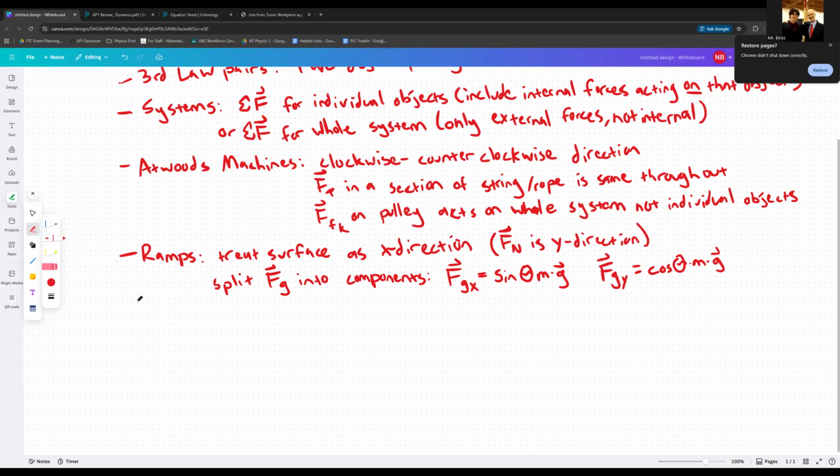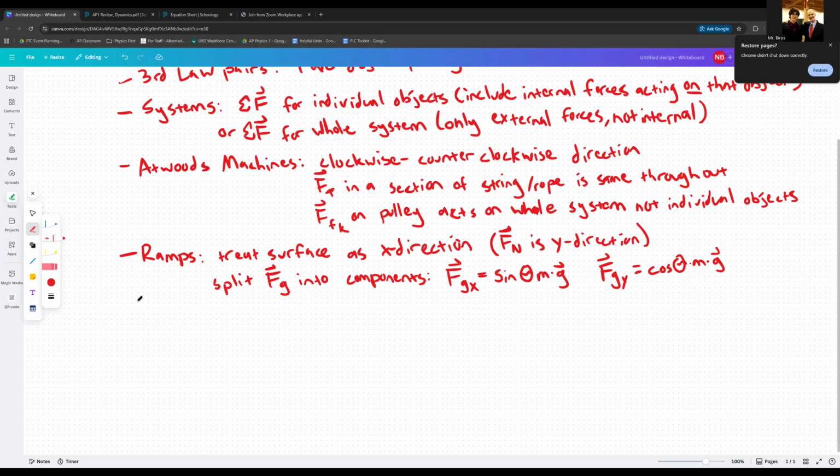And I would not try to go through the reason why in every single ramp problem. If you try to make a bunch of triangles and similar triangles and find exactly what the angle is with your gravity components in your gravity triangle, it's going to be a pain. So I would just memorize that for the x component along or down the ramp, sine theta mg. For the part of gravity pulling into the surface of the ramp, cosine theta mg.